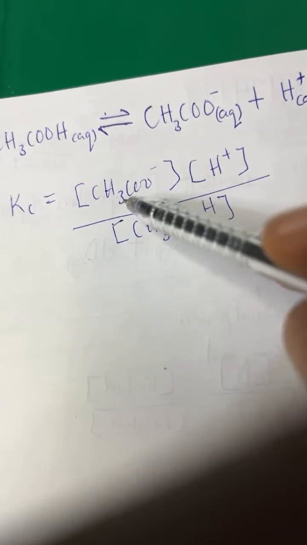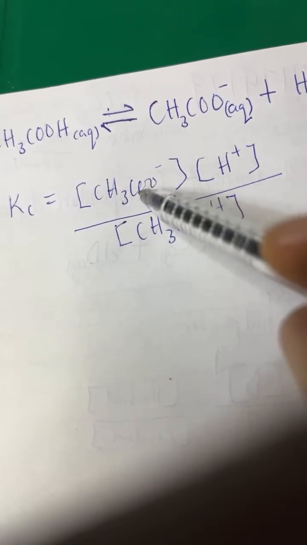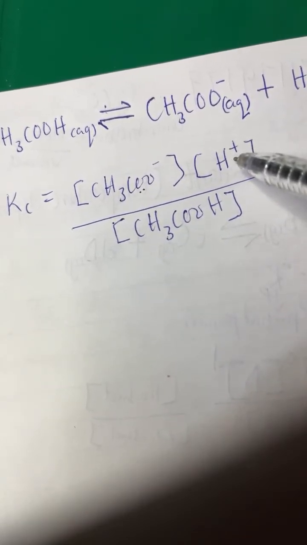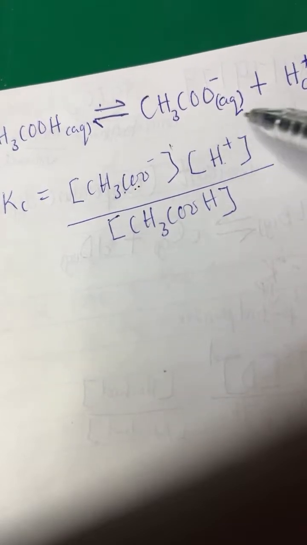So let's quickly get our units. For these two, this is mole per dm cube, also mole per dm cube. You know that this one has power 1, this one too has power 1.